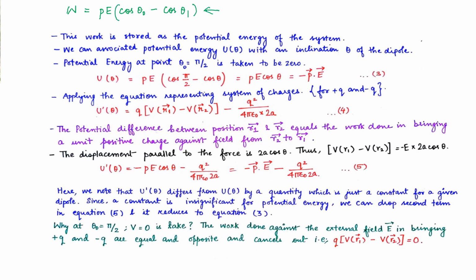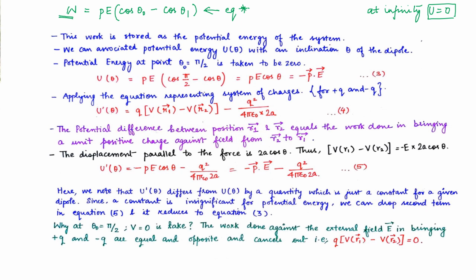We will call it equation star. Now, in general when we are not dealing with a dipole, what we do is that at infinity we take U equals 0, potential energy equals 0. In this case, this is the work done.